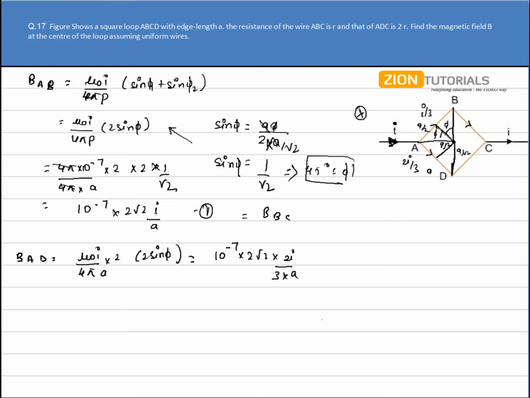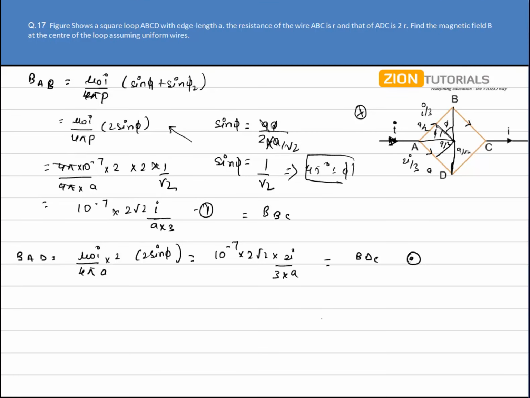I haven't substituted the value of I yet; the I is I by 3. This is the magnetic field due to AD, and the same for DC, but the direction over here is opposite, that is out of the plane, upward.